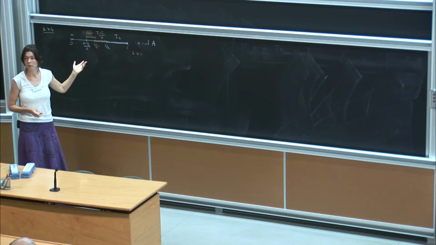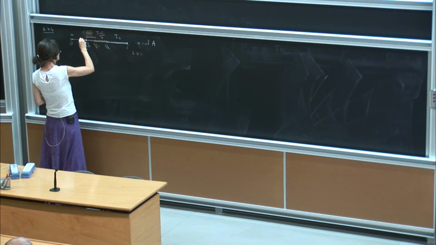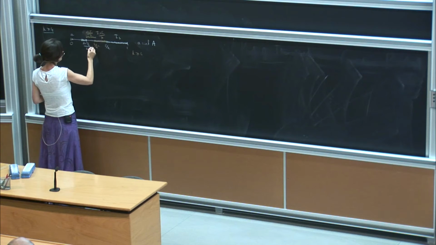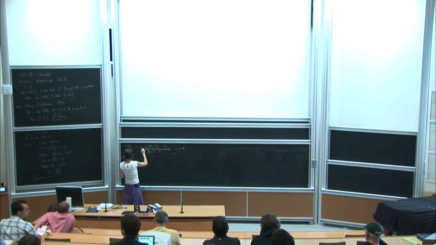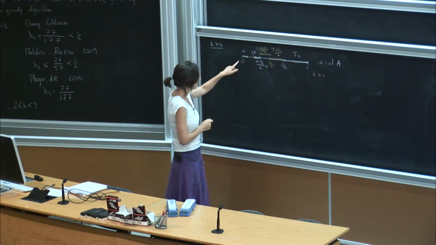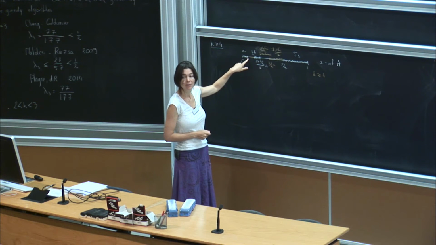So you can continue again, and you will eat everything until you reach 2 over k times b, where b is this point. And again, you will have this interval where you cannot take anything, and you do it again. And you choose a so that this point is k divided by 2 times a.